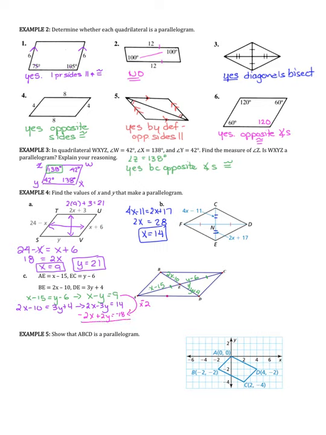And now what I can do is I can combine these two equations. So notice the x's cancel, and I've got negative 3y plus 2y is a negative y. 14 minus 18 is a negative 4. So that tells me that y is a positive 4.